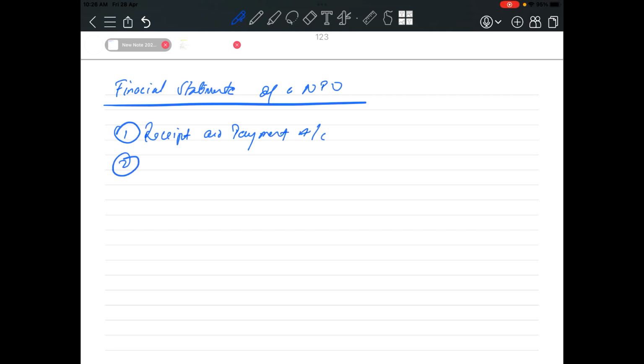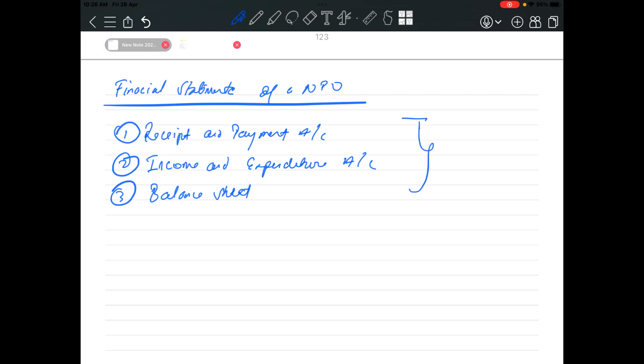Number 2 will be income and expenditure account. Third one will be balance sheet. These are the 3 types of account they will maintain. In addition, they will prepare cash account. If they have both, they will prepare cash and bank account.